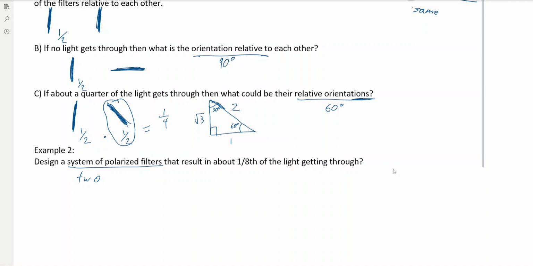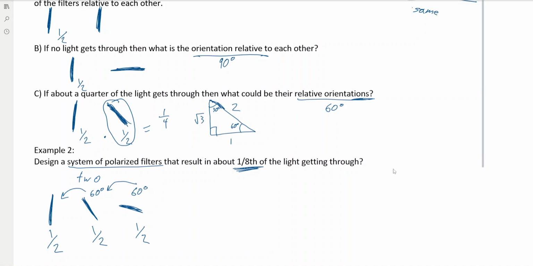So if you wanted to get 1/8, if you did the same thing as the last question and had one at an angle like this, and then one at another angle like this, you would be able to do 1/2 times 1/2 times 1/2, where this one is 60 degrees compared to the previous one, and this is 60 degrees when compared to the previous one.